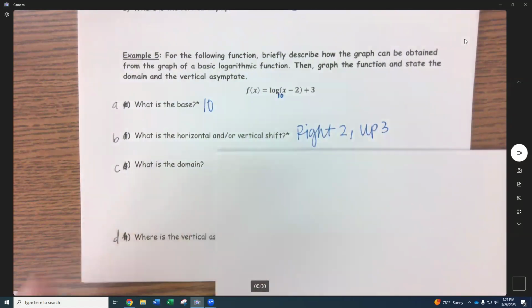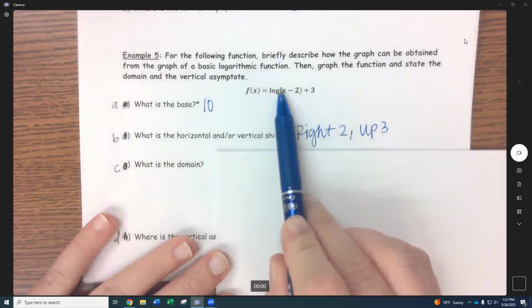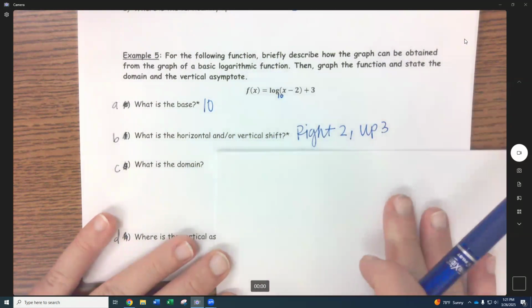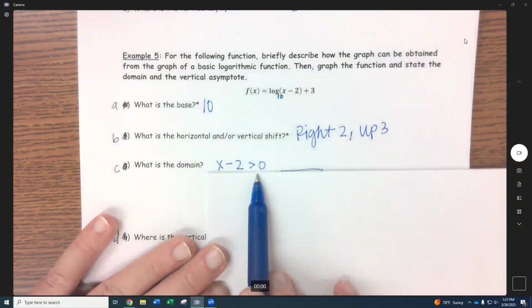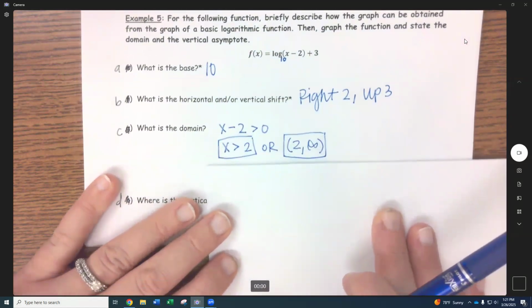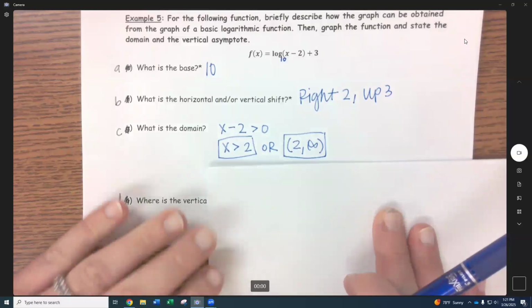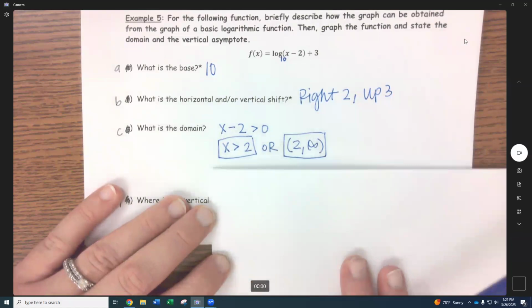What is the domain? So hopefully this one wasn't tricky, but when you're finding the domain, all you care about is what's inside that log, what's inside the parentheses. So we are setting x - 2 greater than 0, again, not or equal to. Add that over and we get x is greater than 2, or 2 to infinity. These two things mean the same thing.